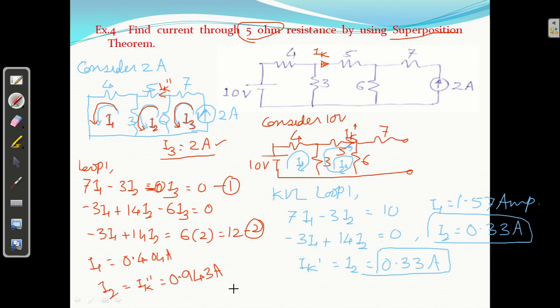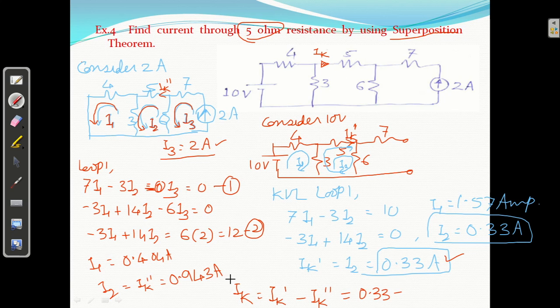Now the actual current IK. Just see here, IK I had taken in this direction. IK dash is in the same direction, but IK double dash I had taken in the opposite direction. So IK equals IK dash minus IK double dash. What is IK dash? 0.33.